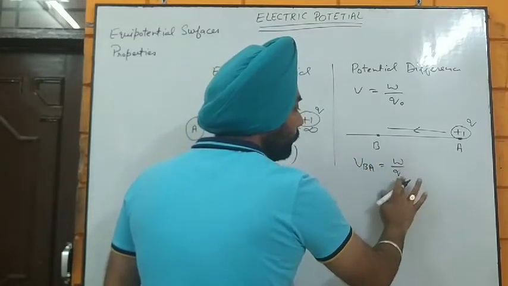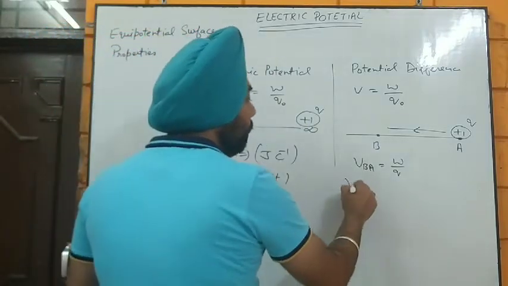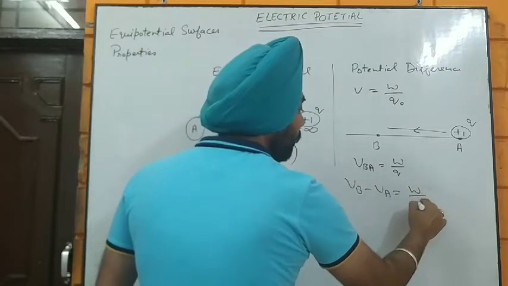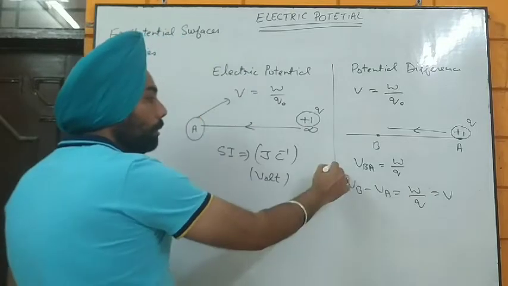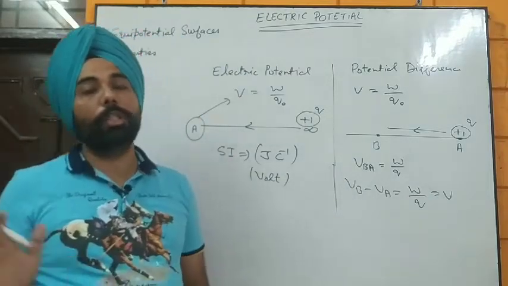You can see it's a similar kind of thing, but now you can write it as V_B minus V_A is equal to work upon charge. The units and dimensional formula and all the things are going to be the same.